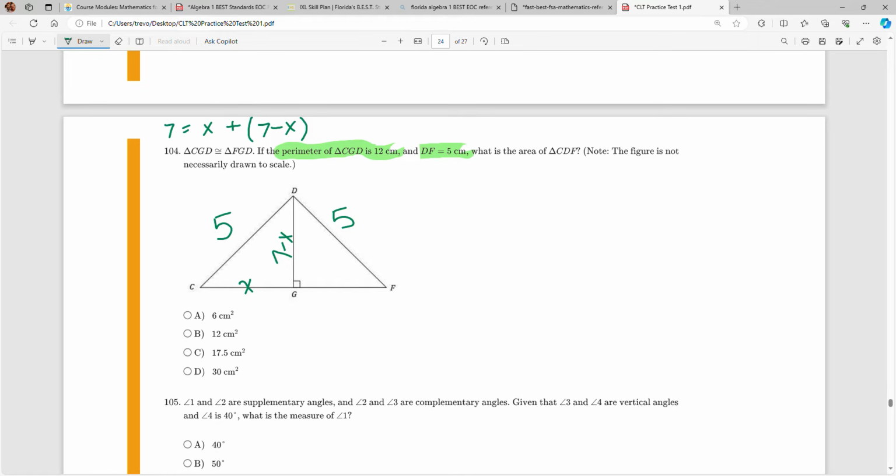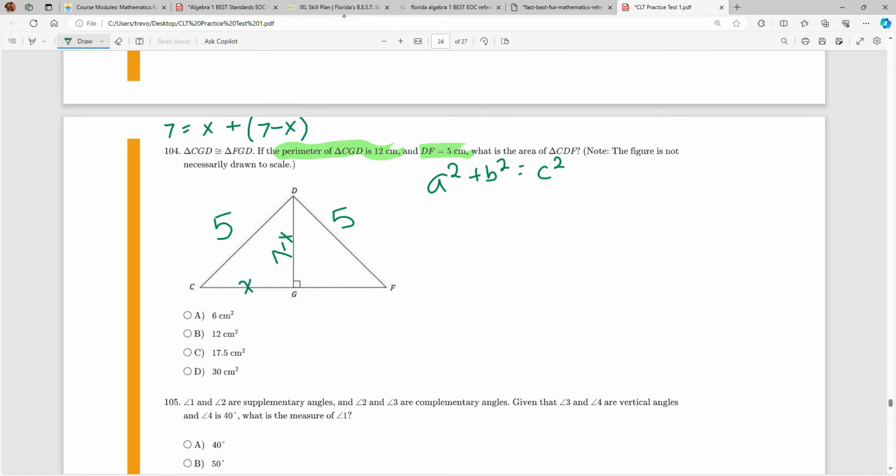Now to find the area of triangle CDF, I can use my Pythagorean theorem to find out what x is by setting up a squared plus b squared equals c squared.